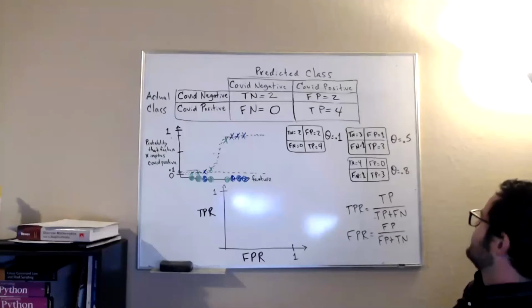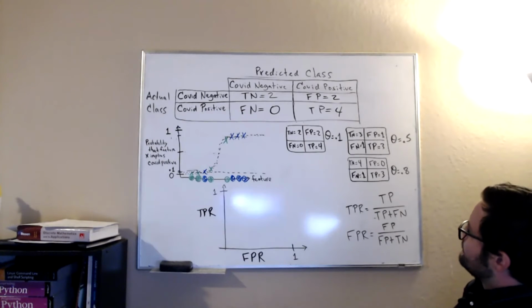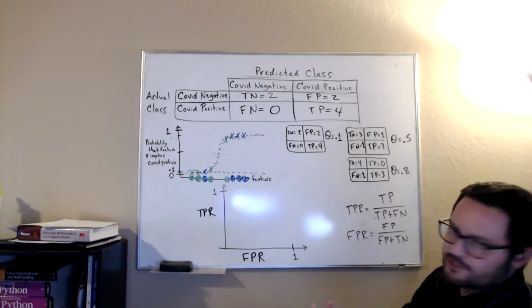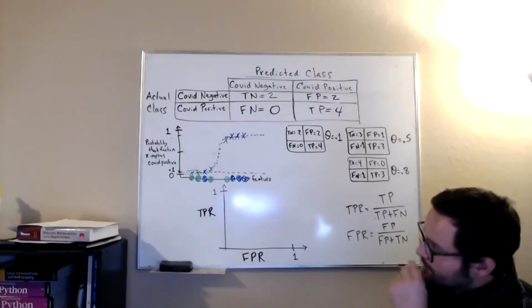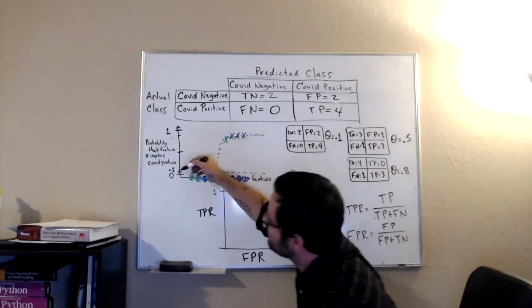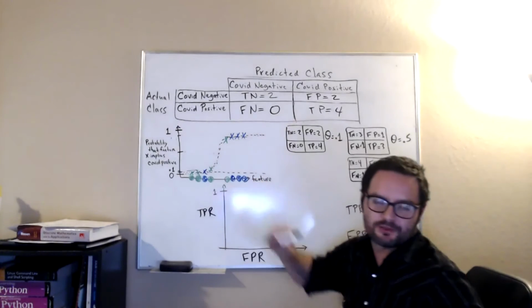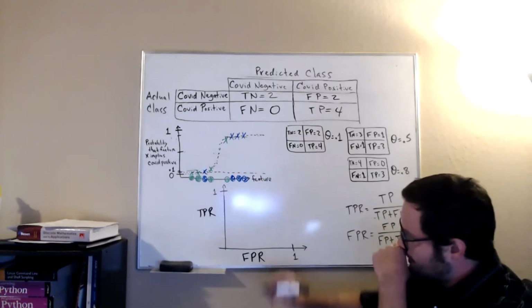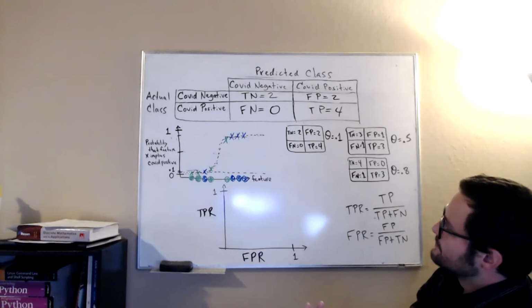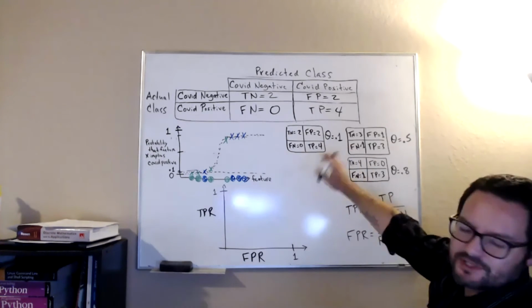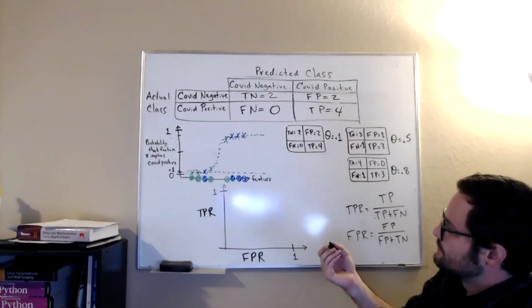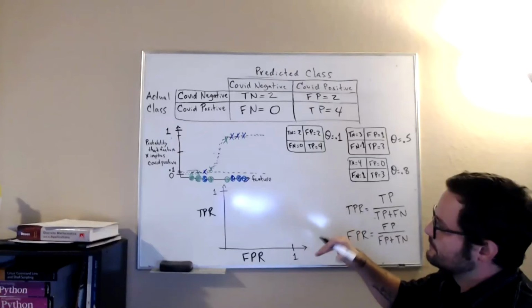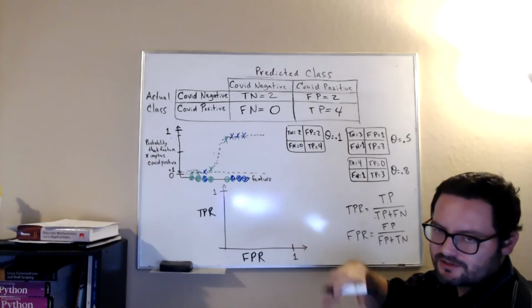We're going to do that for each of the values of the threshold that are possible. Notice there's infinitely many places to pick a threshold, so it is going to be a smooth curve that we're going to plot. But because we're only going to do this a finite number of times, it's going to be kind of choppy. When we plot this in Python, it's going to be a smooth curve.